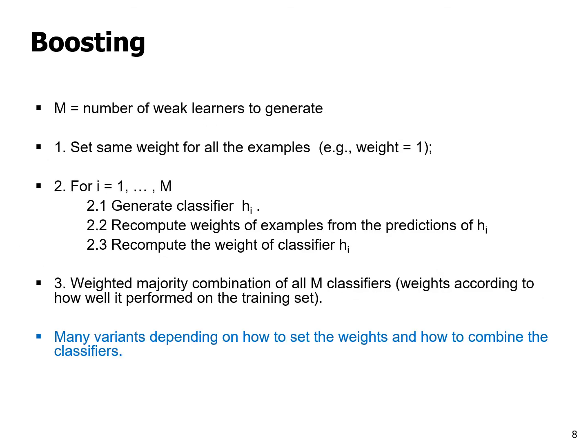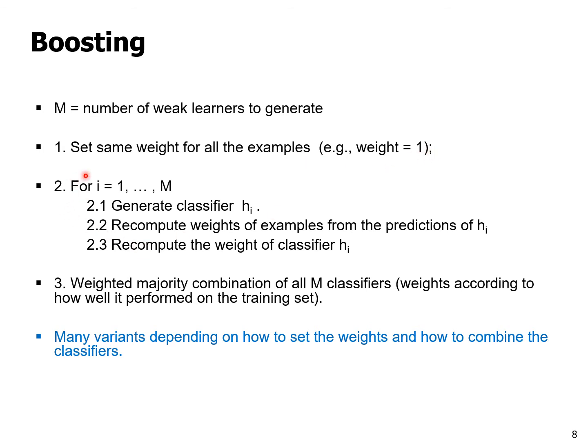This one shows the pseudocode of the boosting method. Let's say M is the number of weak learners we're going to generate. In the beginning, we set the same weight values for all the examples, for example, every weight value is 1.